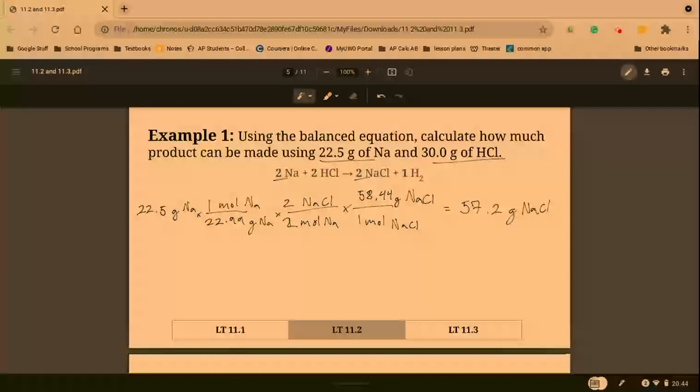But now we need to see what we get with the other one. So starting with that 30.0 grams of HCl. It's the same mole ratio.